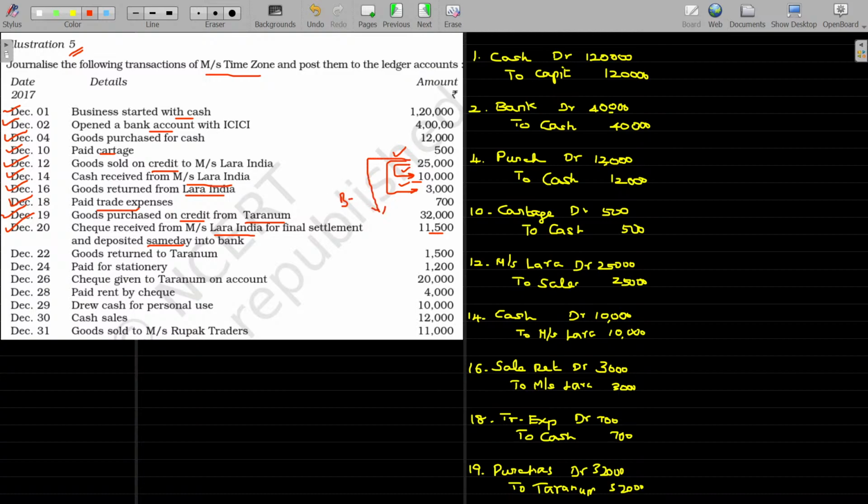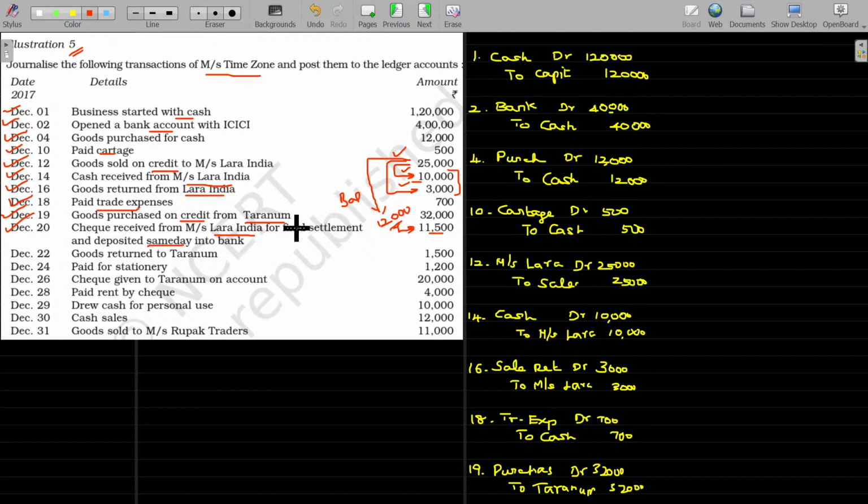Balance amount recoverable from him after subtracting these two being 12,000. Out of that 12,000 rupees, we received 11,500 as final settlement. Final settlement means hereafter we don't get balance amount. So the difference between 12,000 and 11,500 will be assumed to be discount allowed. So we have allowed them a discount of 500 rupees. That's how you can assume. And that too the payment received by way of check.